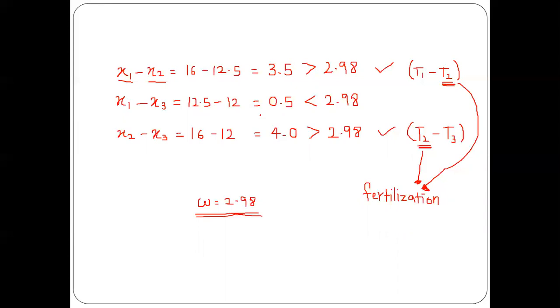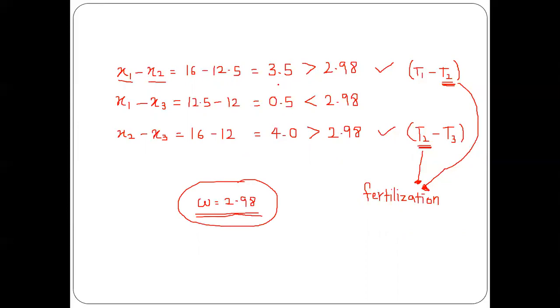Same also for the other comparisons. We get the difference between mean 1 and mean 3, that is treatment 1 and treatment 3, which is 0.5, and mean 2 and mean 3, that is treatment 2 and treatment 3, we get 4.0. So now we are going to compare with the value of omega, that is 2.98.